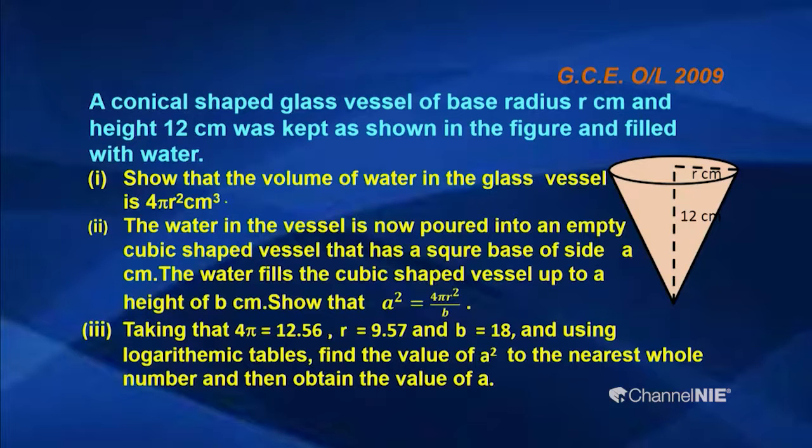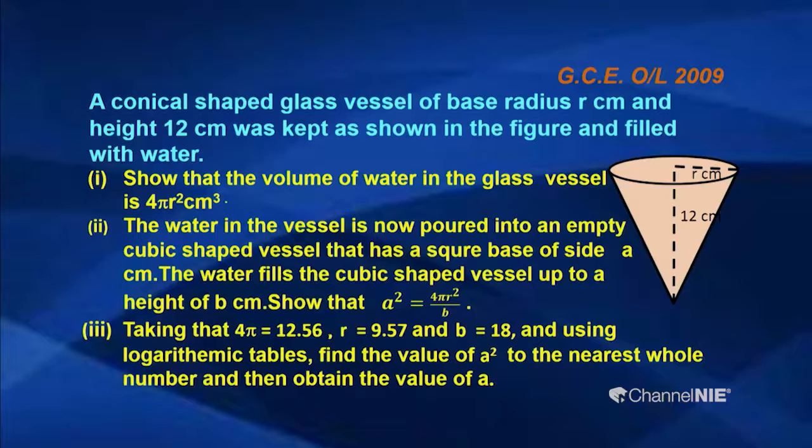Then read this question. A conical shaped glass vessel of base radius r centimeter and height 12 centimeter was kept as shown in the figure and filled with water. Then you can see that glass here, filled with water up to the maximum level.